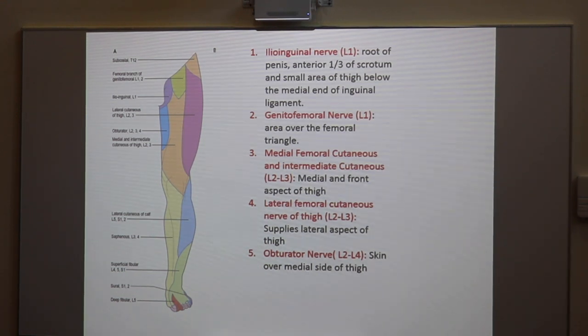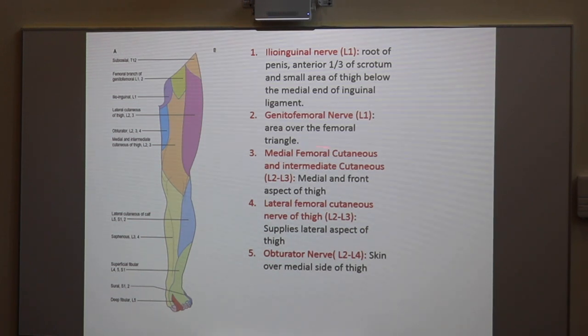So ilioinguinal and genitofemoral were direct branches of the lumbar plexus, while medial femoral cutaneous and intermediate cutaneous nerve are branches of the femoral nerve. And femoral nerve is the branch of the lumbar plexus. So femoral nerve is cutaneous as well as motor, so it is going to supply the muscles in the front of the thigh also.